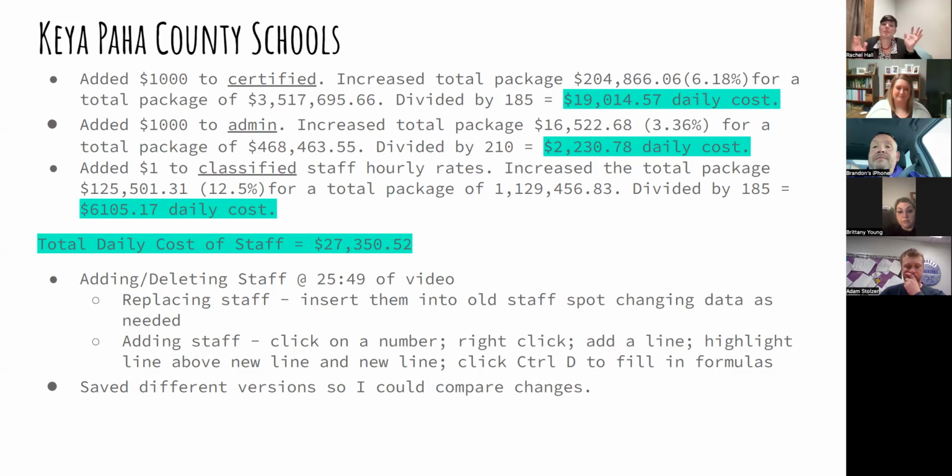I did all the numbers divided by 185 for certified staff because we have 185 days. And again, this is general too, because you can't pin everything down exactly, since there are so many different variables. But I did think it was really interesting, the daily cost of everybody in there.